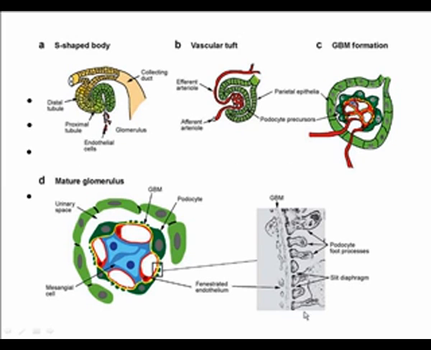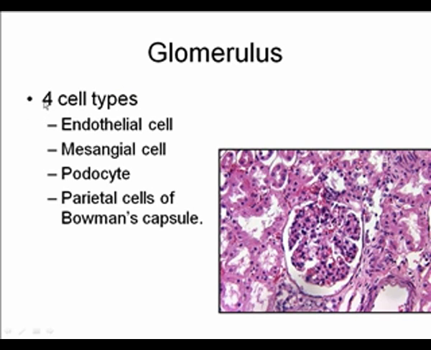So we can now see the true characteristics of the kidney as it begins to form, and we do want to talk about these fenestrated endothelial cells. If we look at the glomerulus, there are the endothelial cells, mesangial cells, the podocytes, and then the parietal cells of Bowman's capsule.